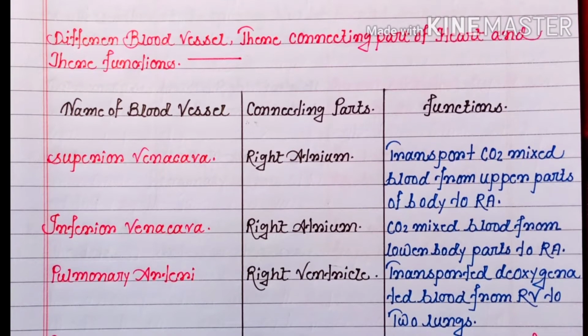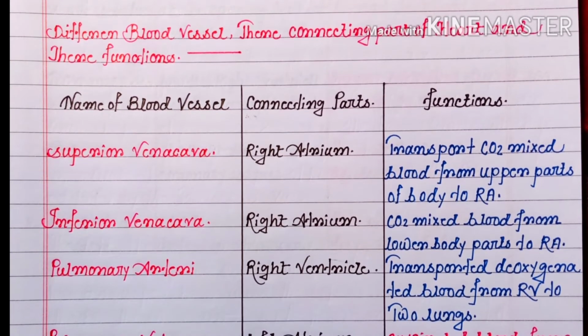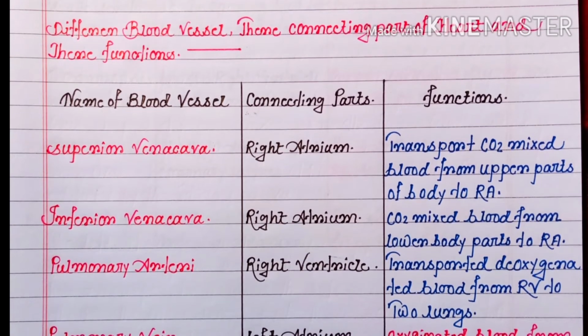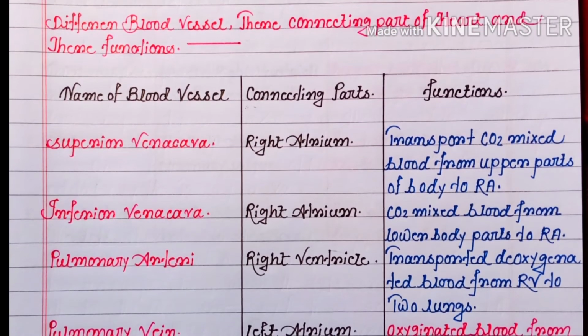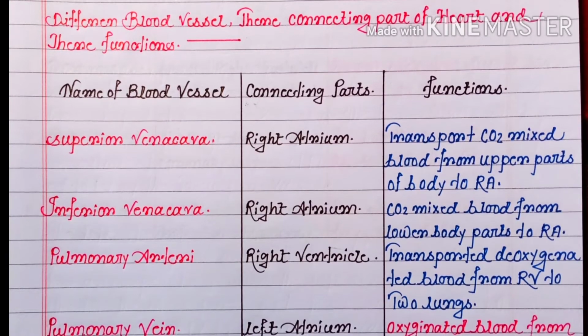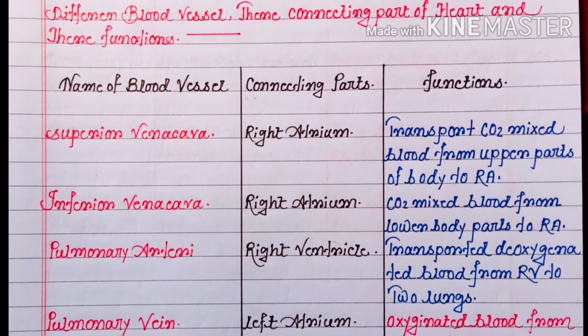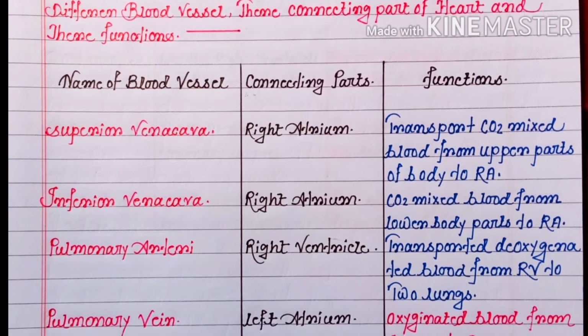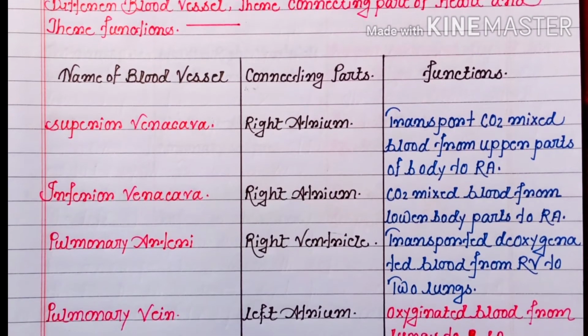The first blood vessel is the superior vena cava. This superior vena cava is connected with the right atrium of the human heart, and this blood vessel helps to transport deoxygenated blood from our upper body parts to the right atrium.